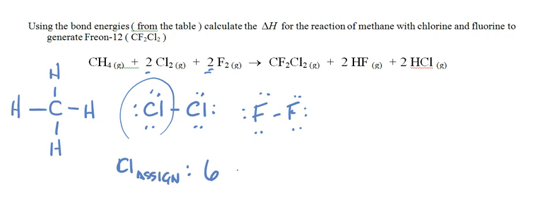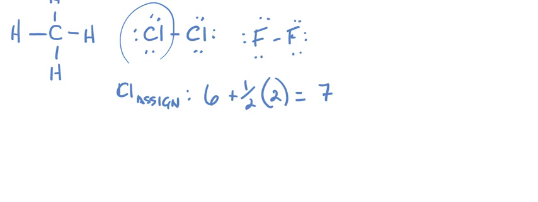There are 6 lone electrons plus 1/2 of the shared electrons, which in this single bond is 2 electrons. That gives me a value of 7 total electrons associated with that chlorine. I know it's got a single bond here, and technically there are 8 there, but when we do formal charges, we want to find out how many are assigned to that particular atom.